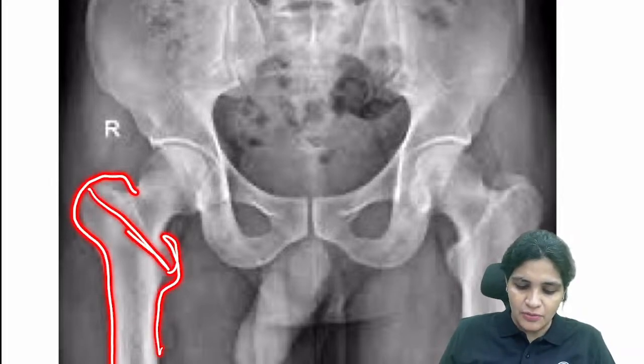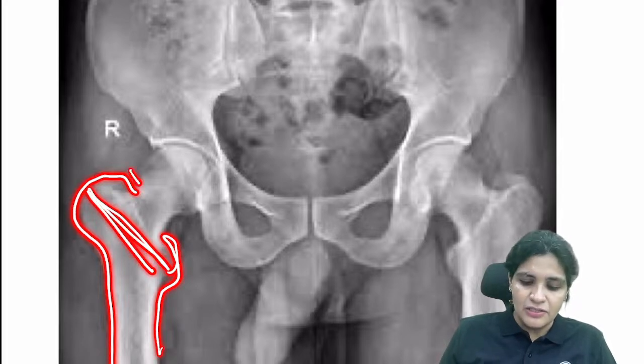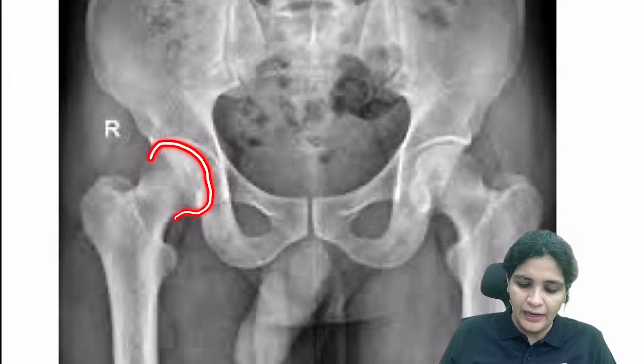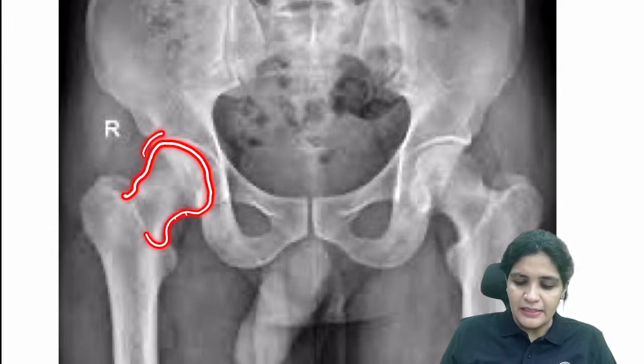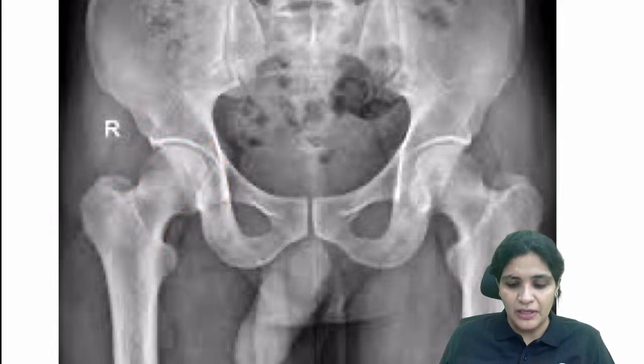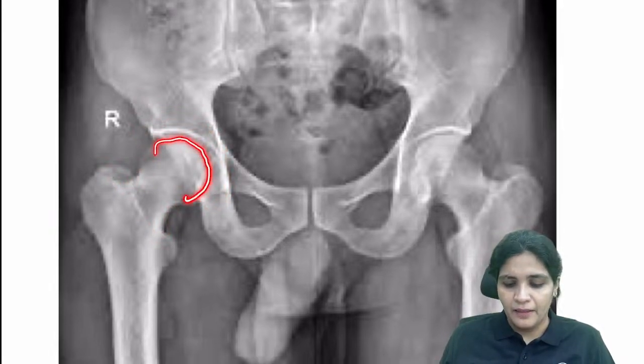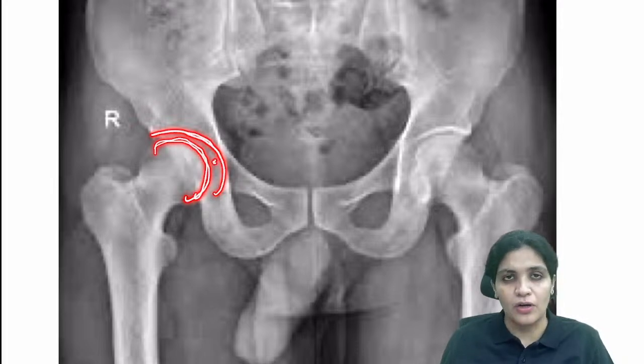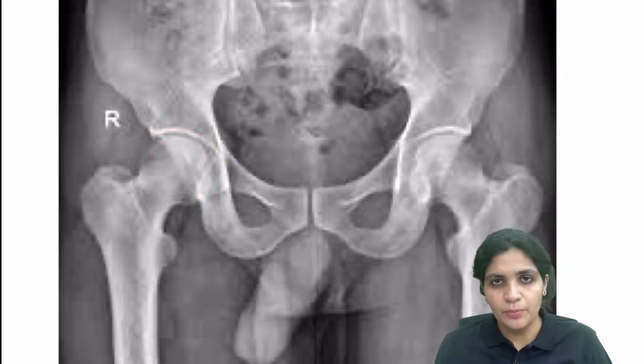So this is your intertrochanteric region. This is your neck, and then this is your femoral head inside the acetabulum. Now this is your joint space, the space between the femoral head and the acetabulum, on both sides, right?